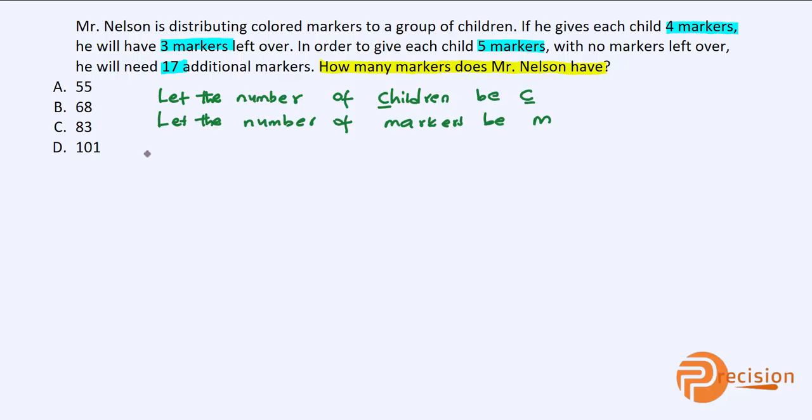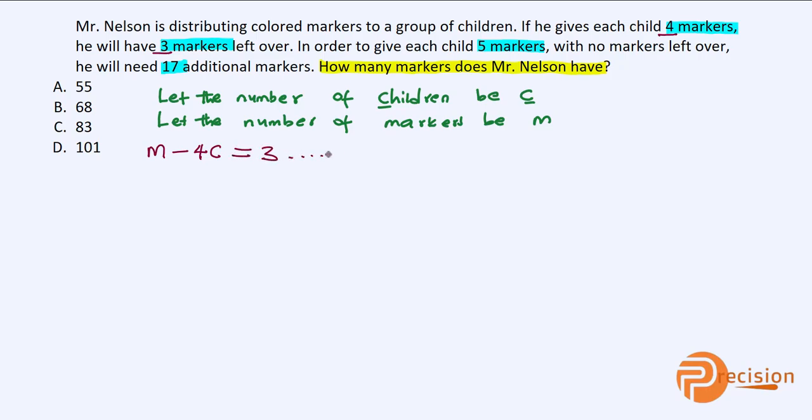Now we've identified our key variables, we can go ahead to create an equation to solve this question. This question is under systems of linear equation word problems, which is the same as simultaneous linear equation word problems. Assuming Mr. Nelson starts off with M markers and he gives each child 4 markers, so it means he's giving away, so that's -4C. He's giving each child 4 markers, and then he will have 3 left over, so he will be left with 3 markers.